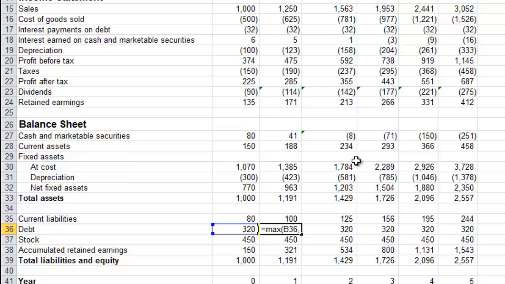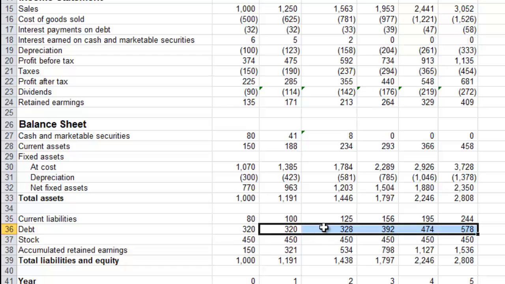If we add current assets and net fixed assets, and then subtract current liabilities and stock and retained earnings, then it doesn't change for year 1, but if we copy that on out, then it adds to debt to make sure that we have enough cash.